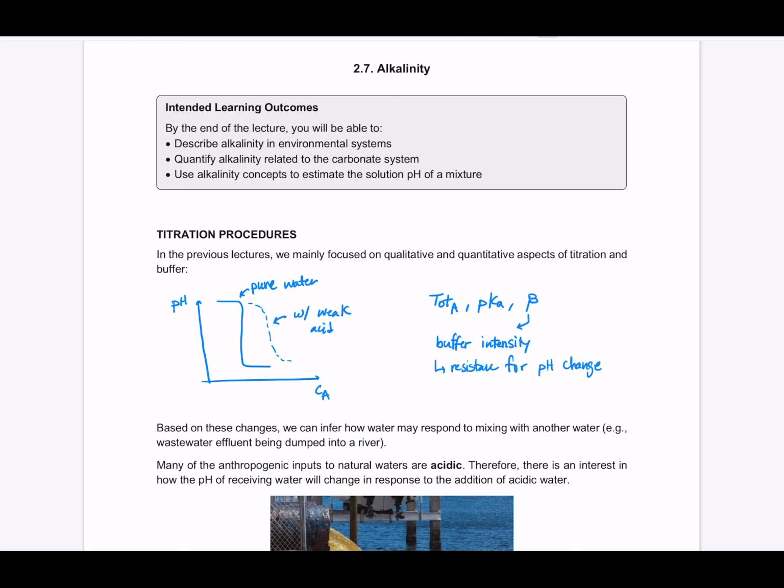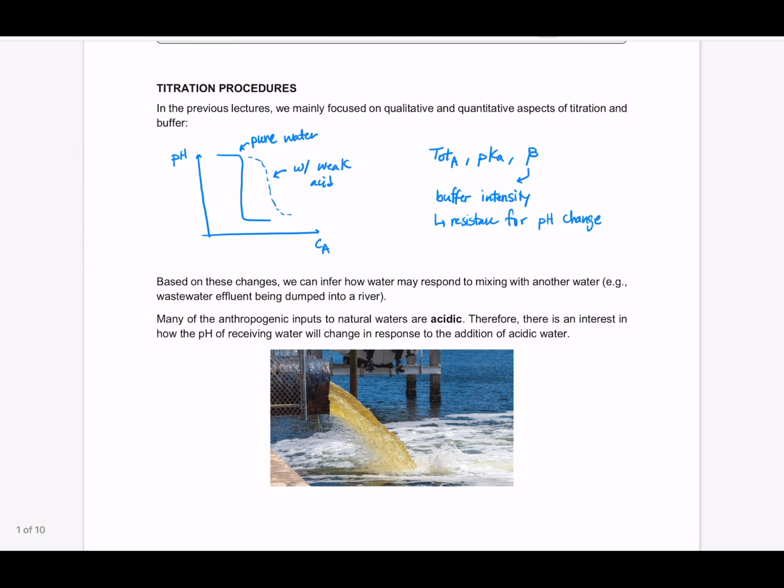For example, if you have wastewater going to a river, it's basically the same concept. Here we're introducing alkalinity to eventually talk about what happens to the mixture when the mixing happens. Titration was just a specific example.